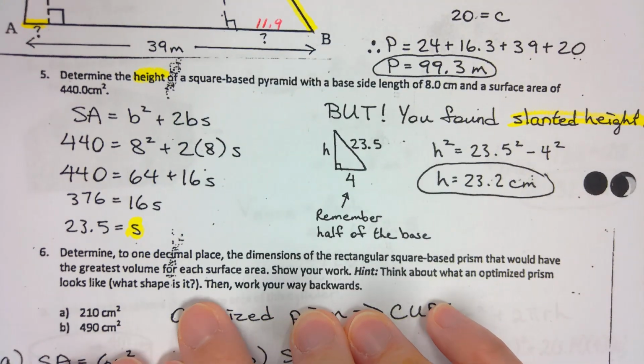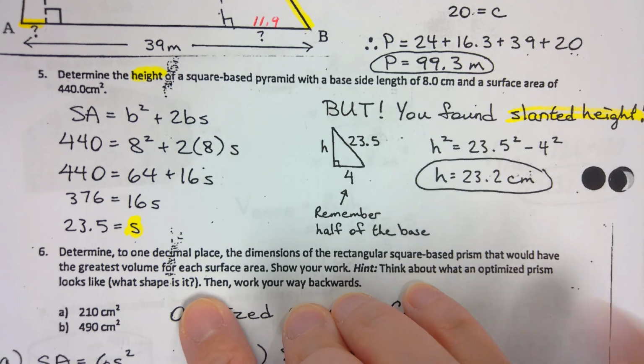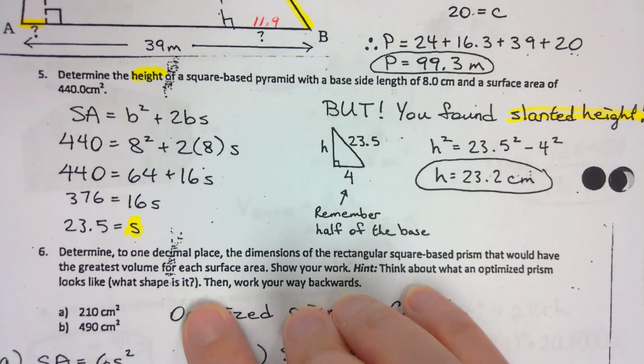Okay, number 6. I don't know if you guys got to it. All right, those who did. So we said optimize prism. Okay, optimization. What shape gives the most optimized area? Square. So what's the 3D shape of a square?